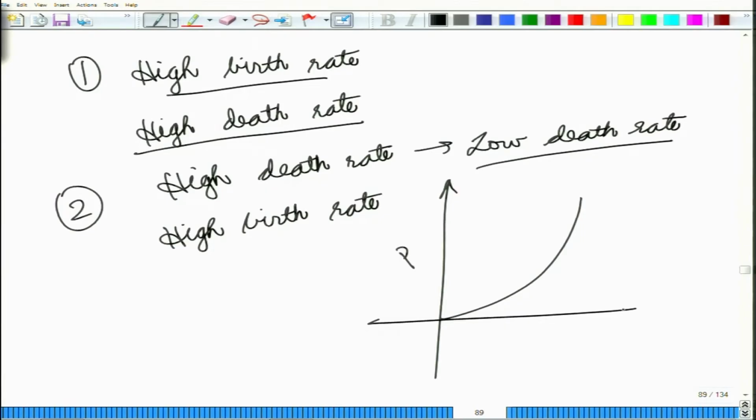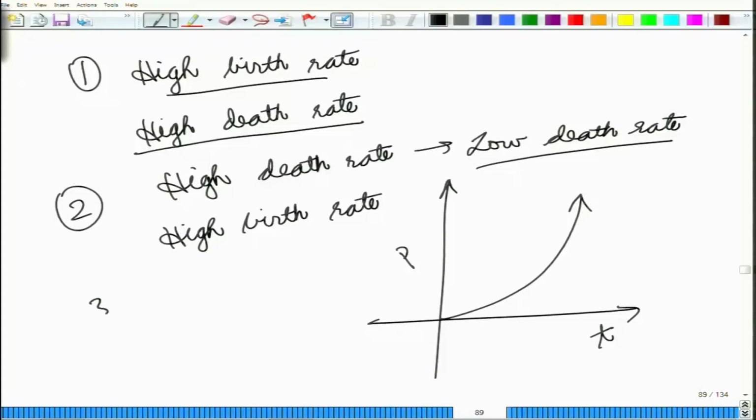So, this is population versus time, and you have individuals being added into this population again and again, and the more individuals you have, the more offspring are produced. So, this cycle supports itself and the population booms. So, that is the second stage.